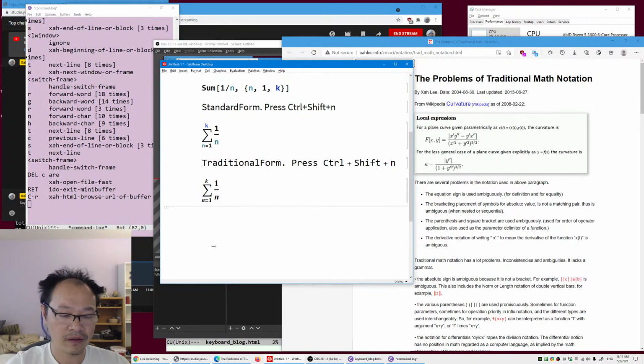For example, the absolute value sign. Let's say absolute negative x, plus 3, plus absolute times, let's say times absolute y.